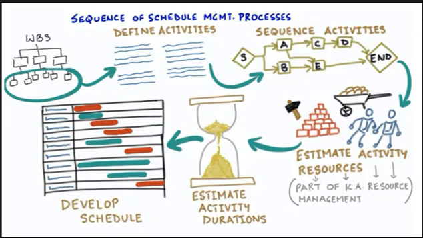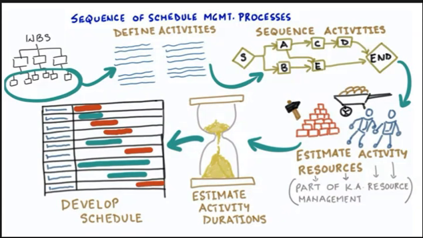Now, once we sequence the activities, then we're going to figure out the amount of resources and amount of time that we're going to require for the activities to be completed, and that will allow us to figure out the activity duration.